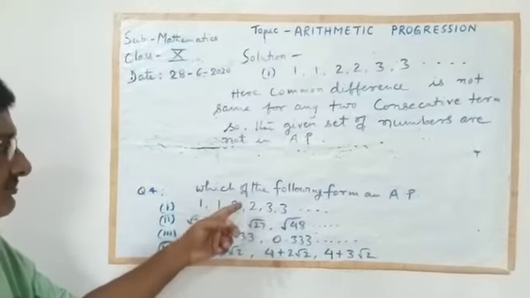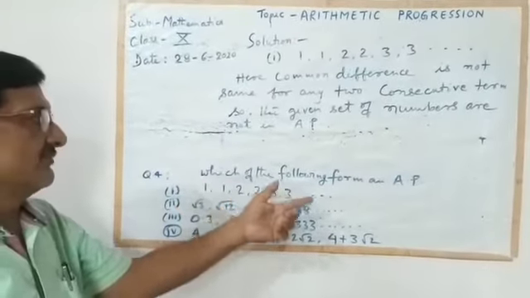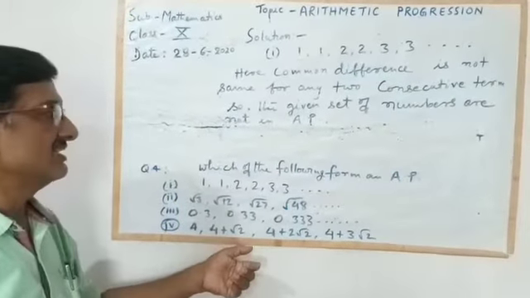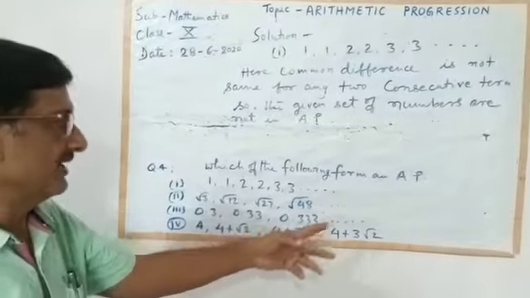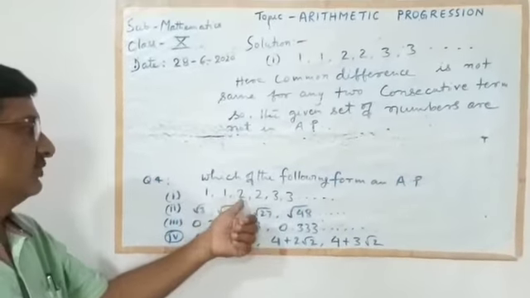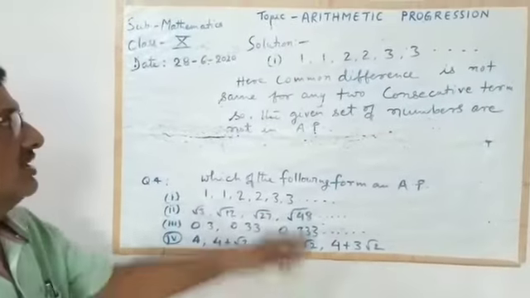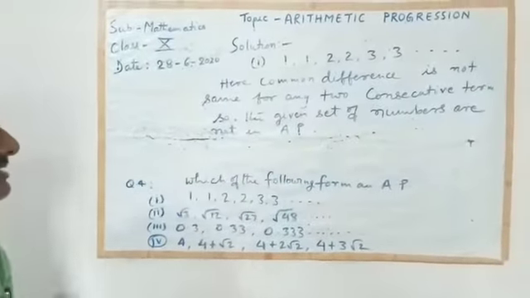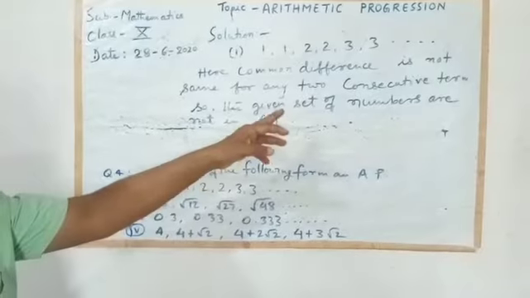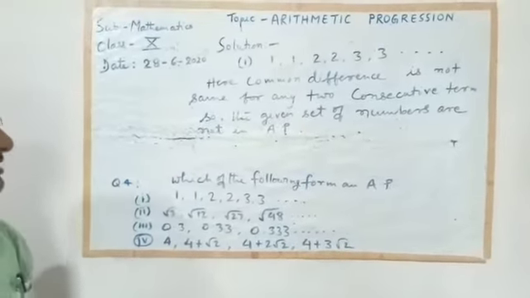Question number 4 asks which of the following given sets of numbers form an AP. The first set is 1, 1, 2, 2, 3, 3 and so on. Here we observe that the common difference is not the same for any two consecutive terms.